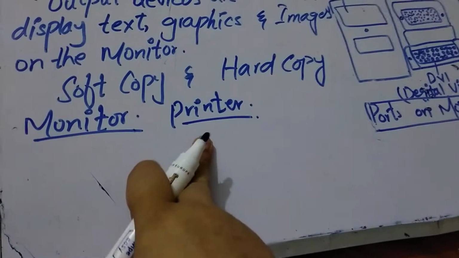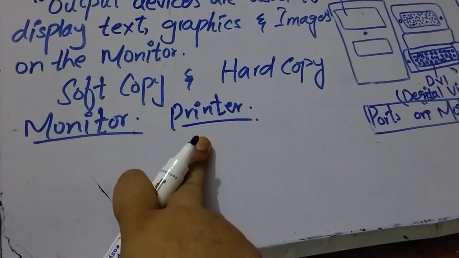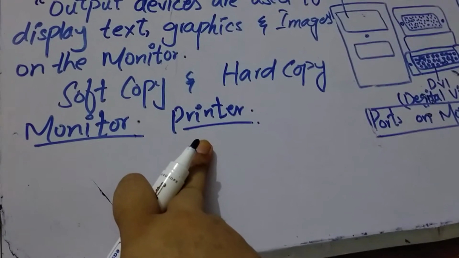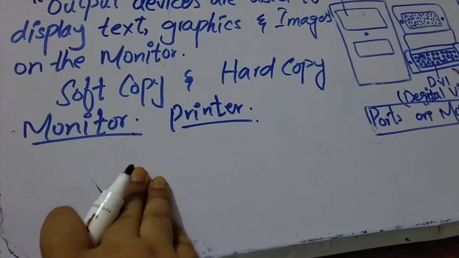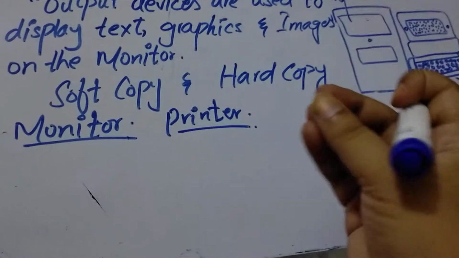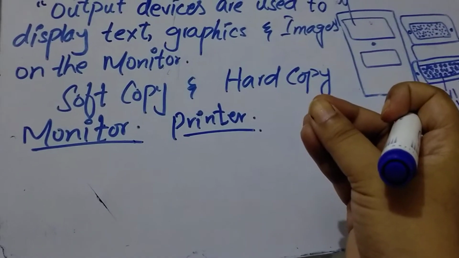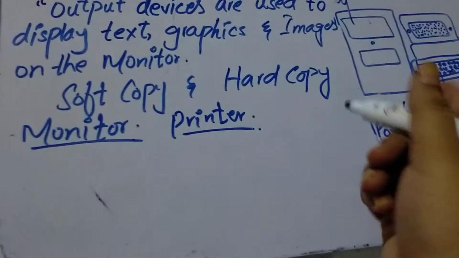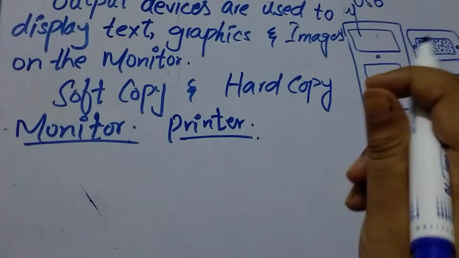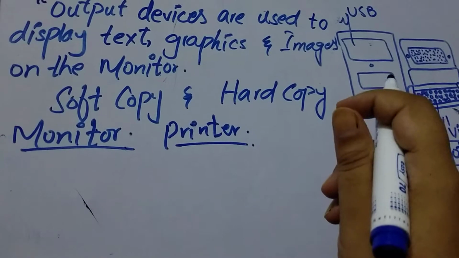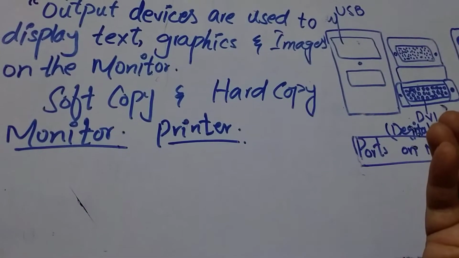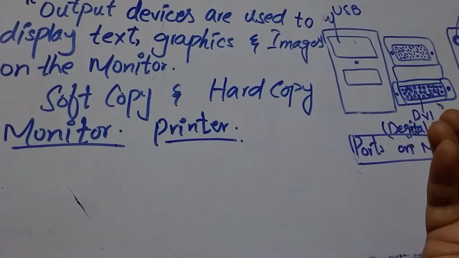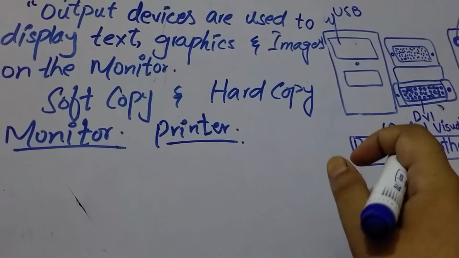How to define printer? Printer is an output device that prints information, text, graphics on a paper. There were two types of printers, first one is impact and second one is non-impact printer.